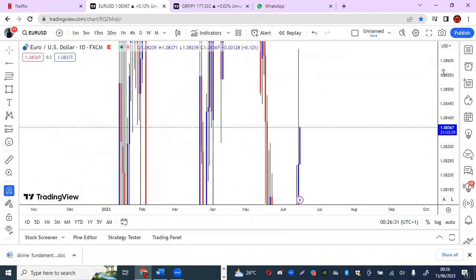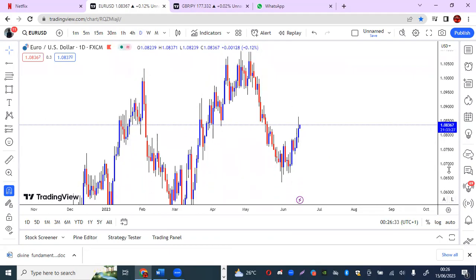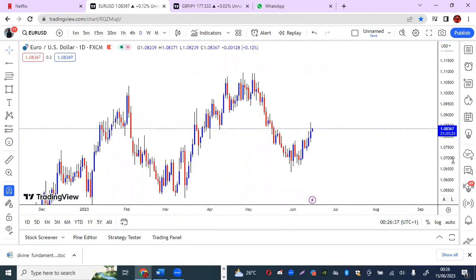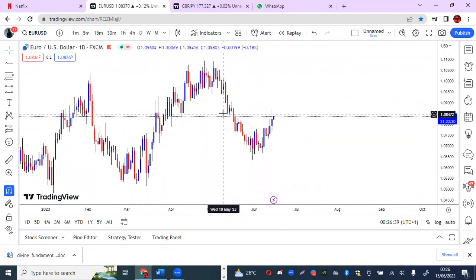Now, we usually use the higher time frame for our analysis to look at the overall market structure, because this is what most institutional folks, the banks, what they call market makers, look at. They look at the daily, weekly, and monthly time frames.